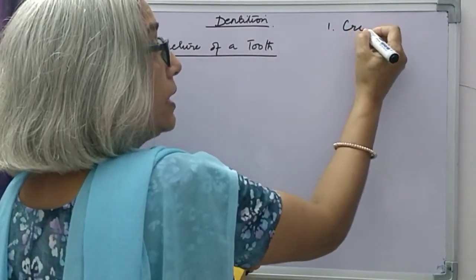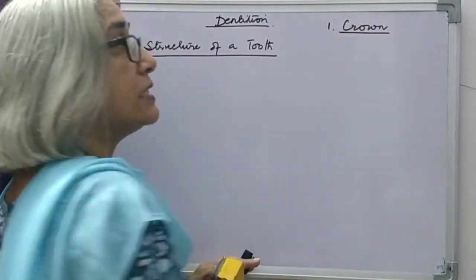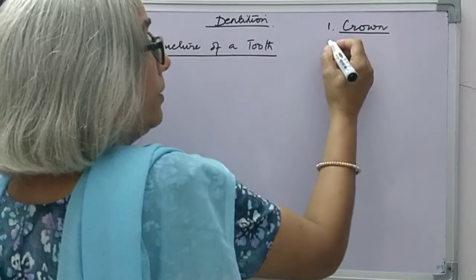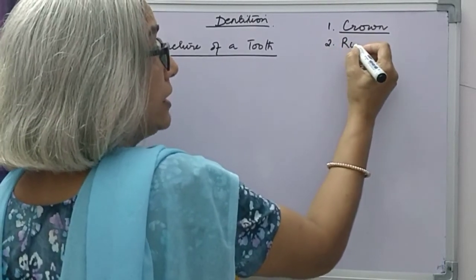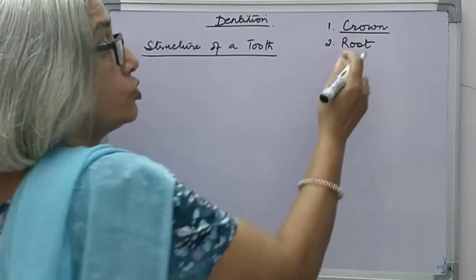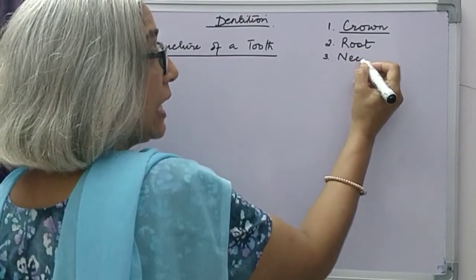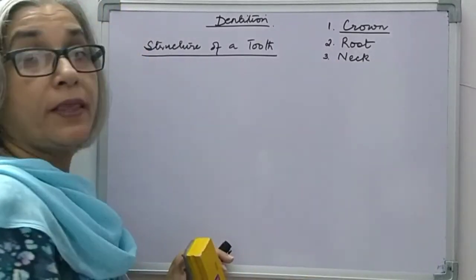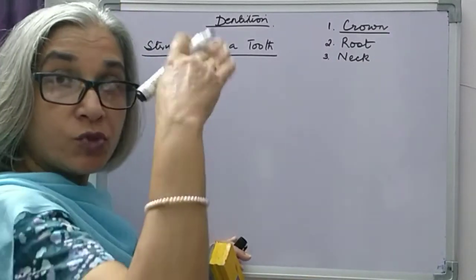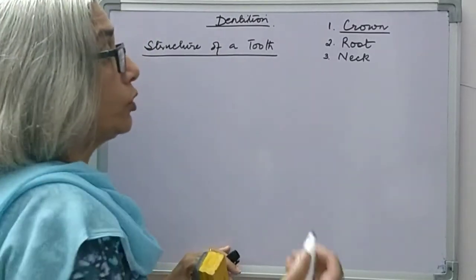The part that is visible, the outermost part, is the crown. The part of the tooth that is embedded in the socket of the jawbone is called the root. The 3rd part is a slight constriction between the exposed part, that is the crown, and the root.